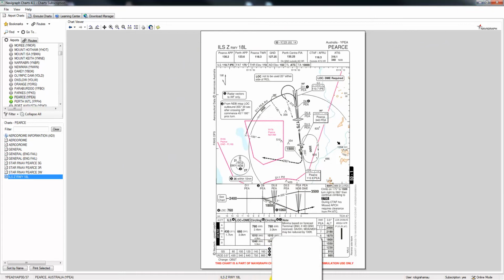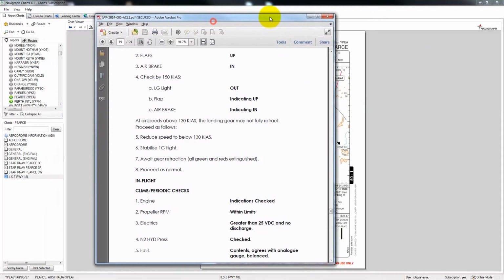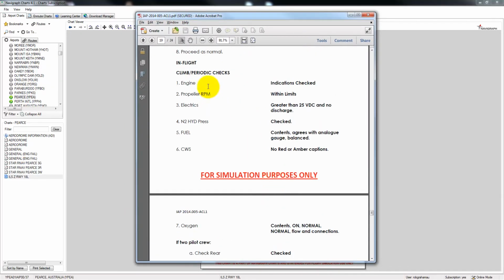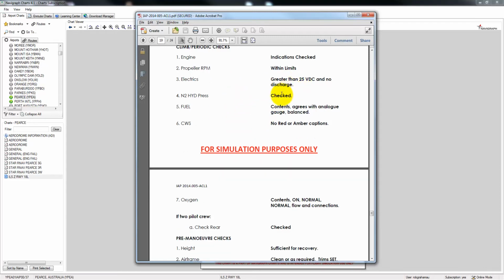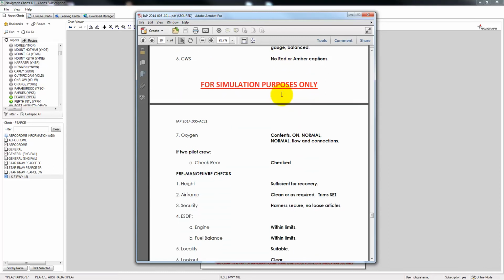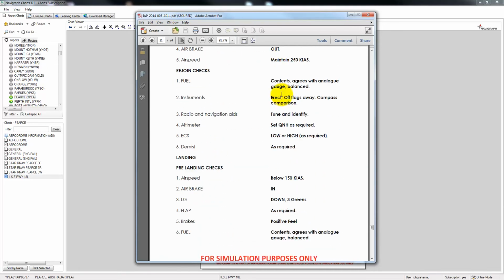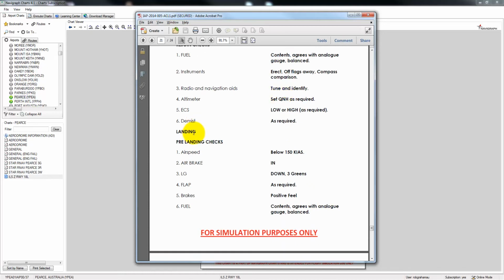So with that being said, let's take a look at some of the checklists we're going to have to check. Of course, we're going to have to monitor all our items. The big one we want to make certain of is our landing checklist down here. For pre-landing, we want to be below 150 knots, the air brake in, the landing gear down with 3 greens, and the flaps as required.